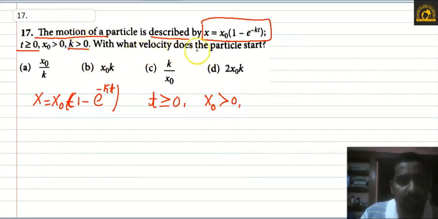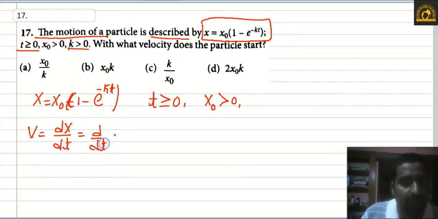What is the velocity of the particle? The velocity is equal to dx by dt, which is d by dt of the x value. The x value is x naught into 1 minus e to the power of minus kt.